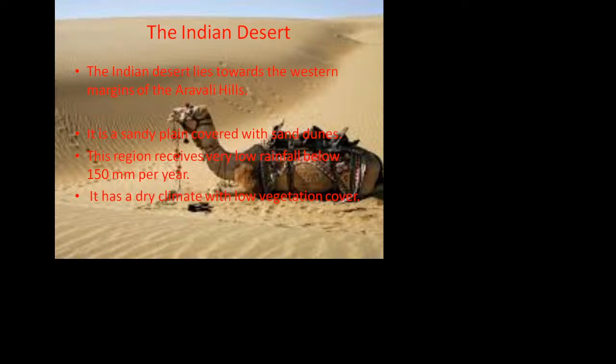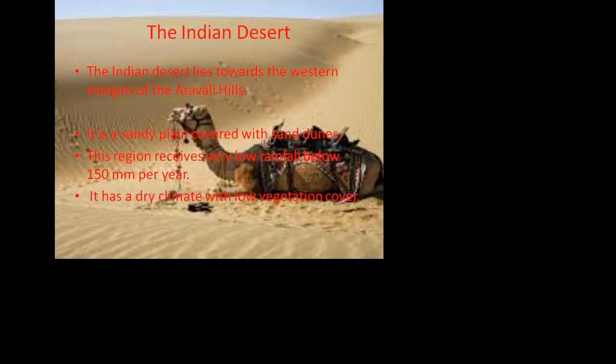The only river that crosses this area is the Luni. Remember, the only river which crosses this area is the Luni, which joins the Arabian Sea through the Rann of Kutch. Most of the people are pastoralists, as agriculture is not possible here.